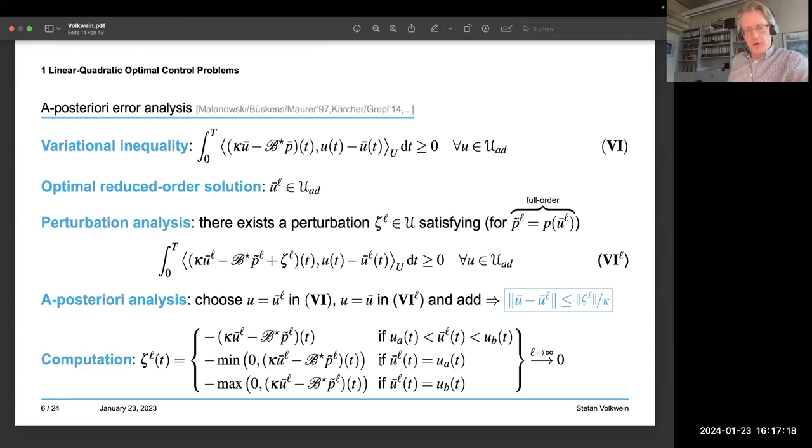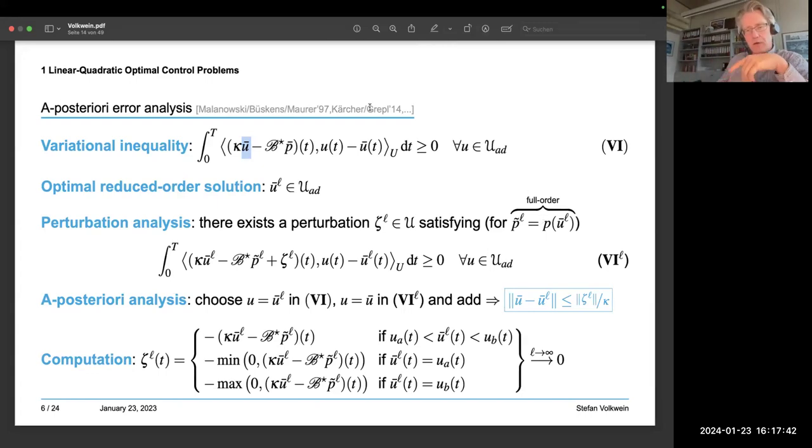Summarizing, for the computation of the theta L, we still have to do some computation with finite elements, but it is not necessary to compute the optimal solution u bar. It's only necessary to solve successively the state and adjoint equation with finite elements.